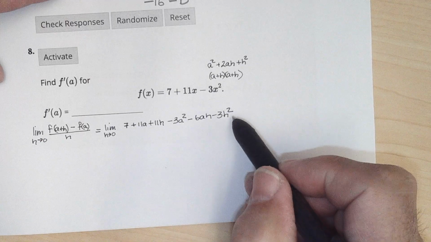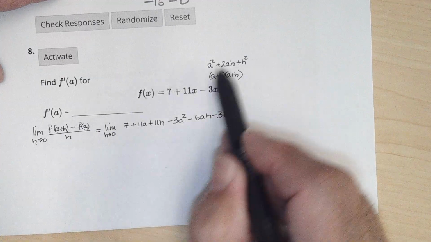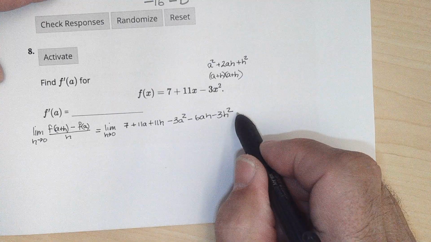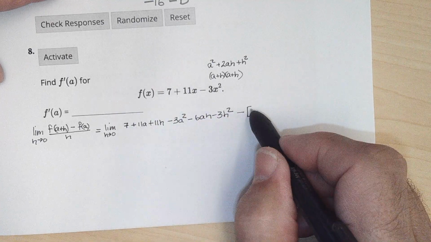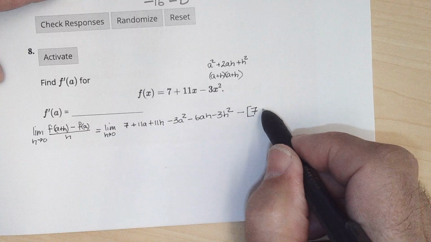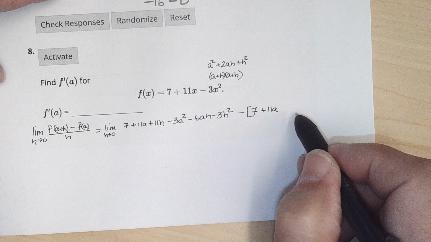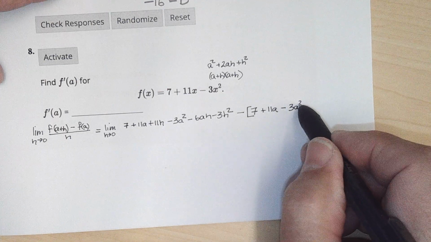And then we got to subtract f with a put in for the x's. So there's no x on that, so I got to subtract. I'll write it with a parentheses. I got to subtract 7 plus 11 times a minus 3 times a squared.